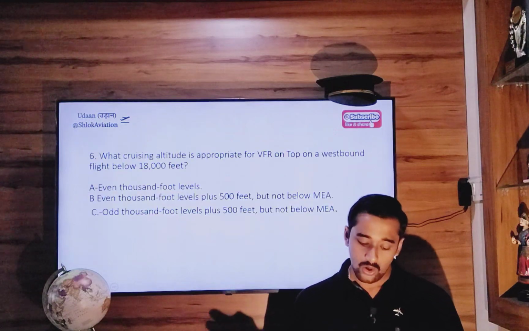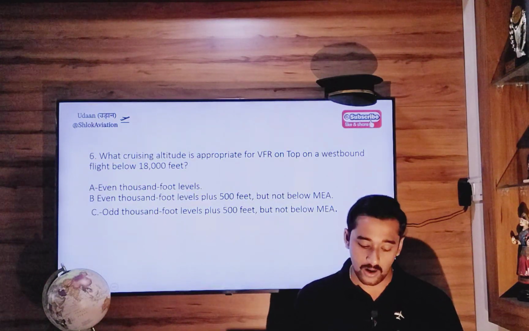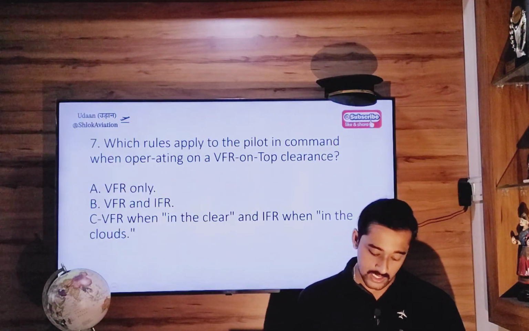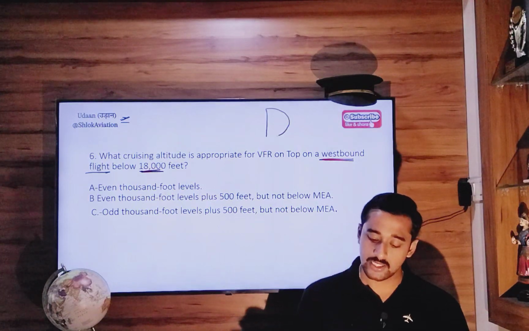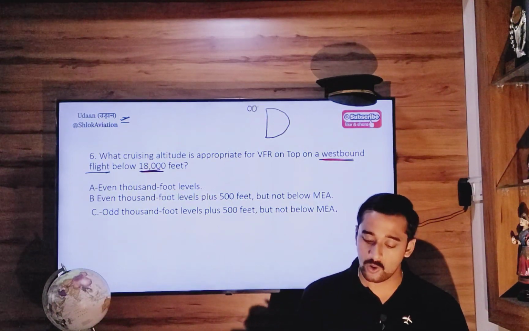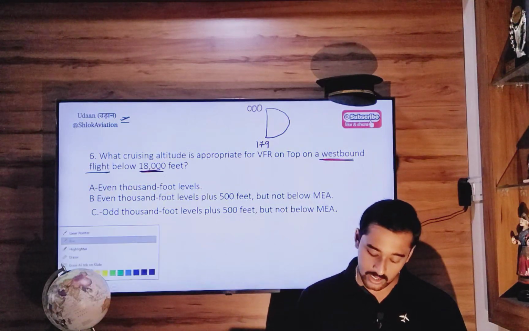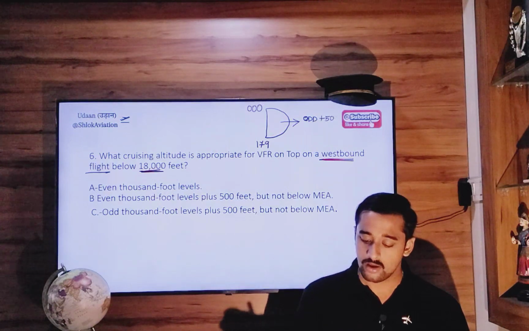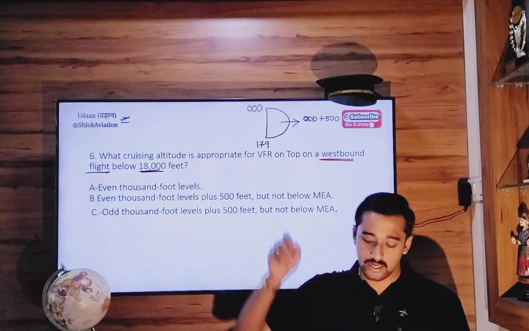Next, what cruising altitude is appropriate for VFR on top on a westbound flight below 18,000 feet? So, what does the semicircular rule say? In an eastbound flight, that is a flight between 000 to 179, your VFR altitudes are odd thousands plus 500 feet. 179 is an odd number, so odd plus 500.